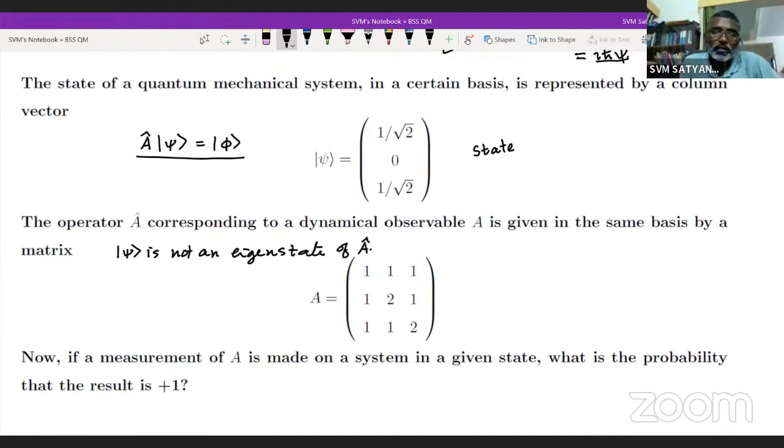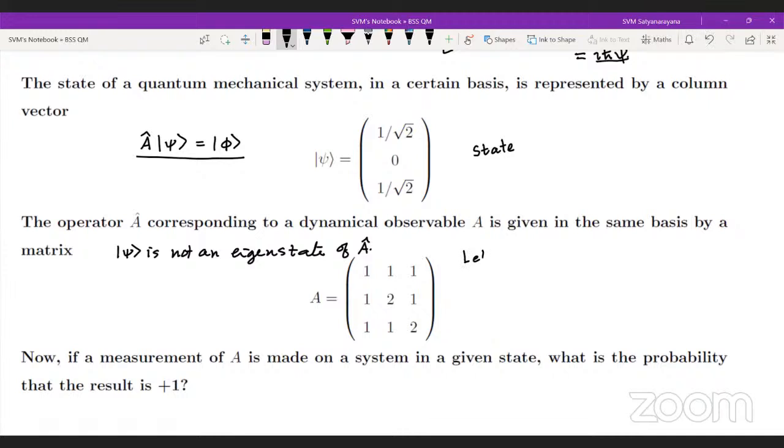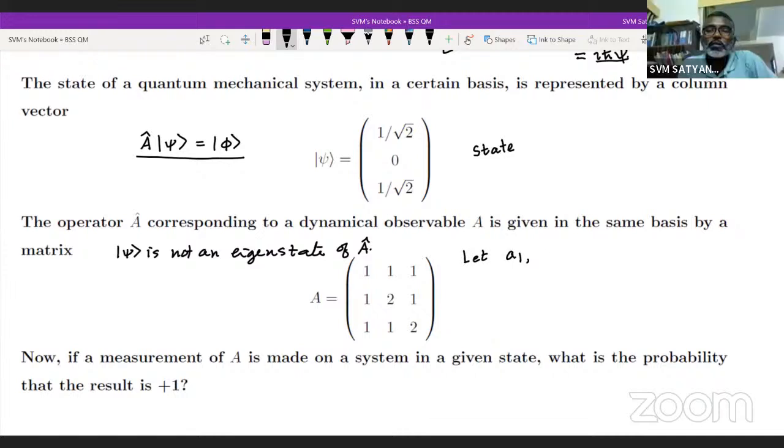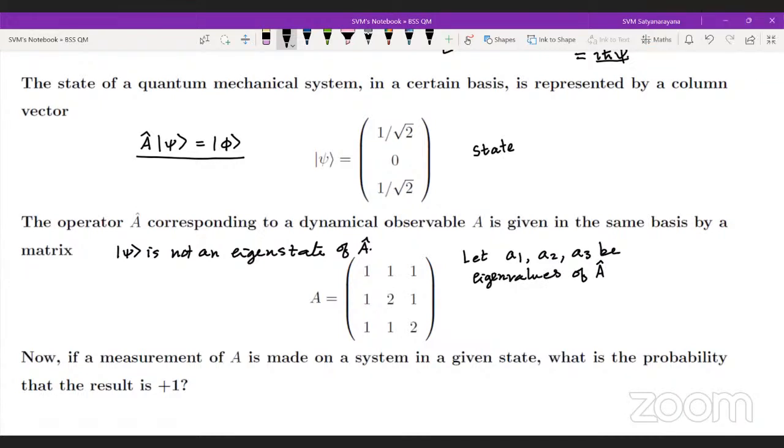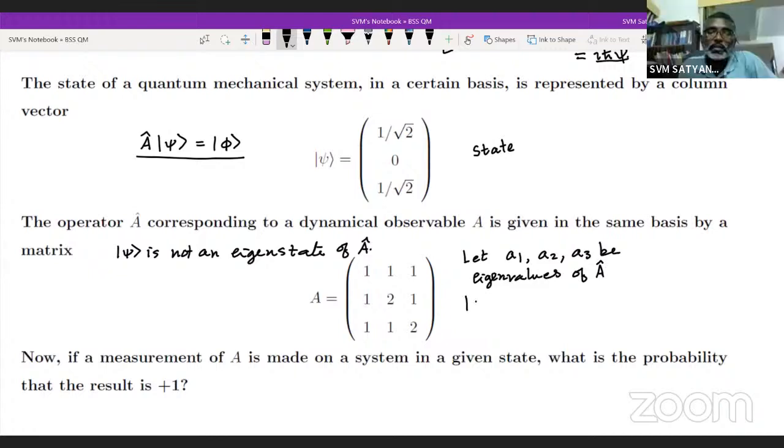So let us say, for argument's sake, let A1, A2, A3 be eigenvalues of A. We can find out what these eigenvalues are because the matrix is given, right? And let us say phi1, phi2, phi3 are the corresponding eigenvectors.